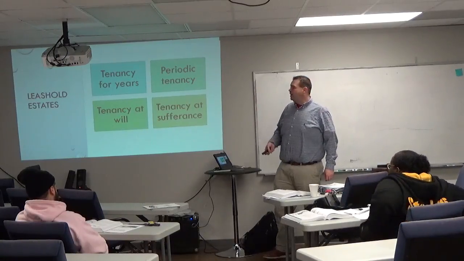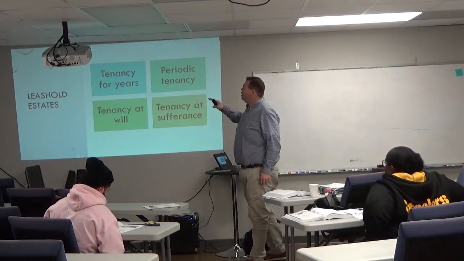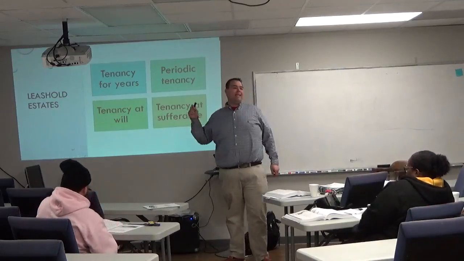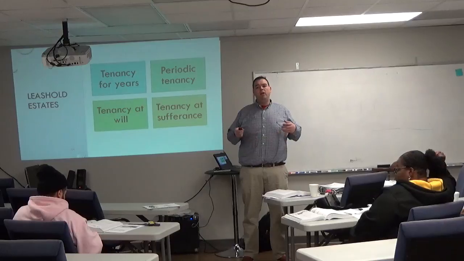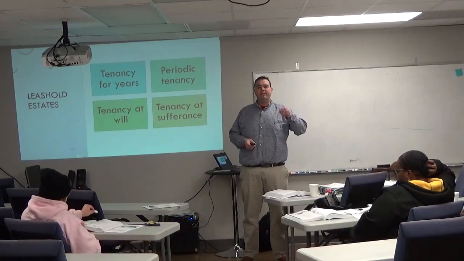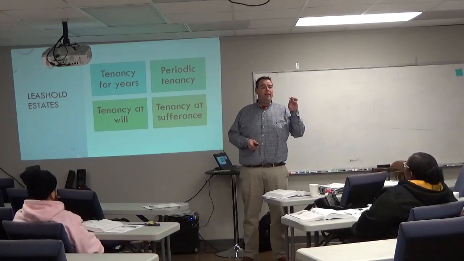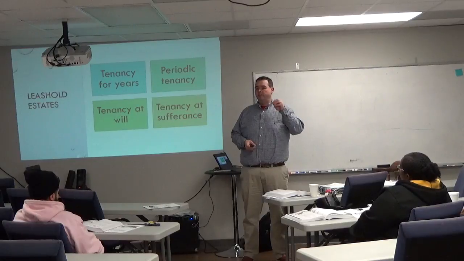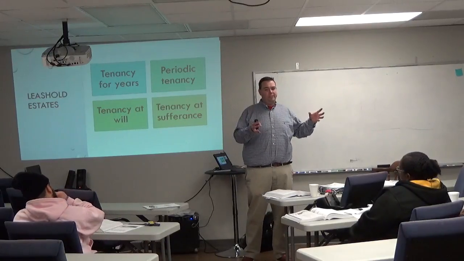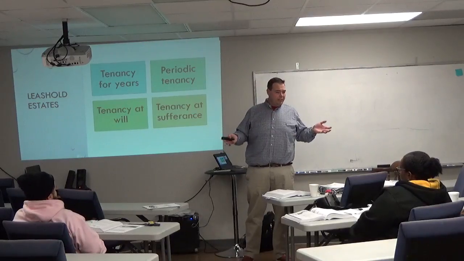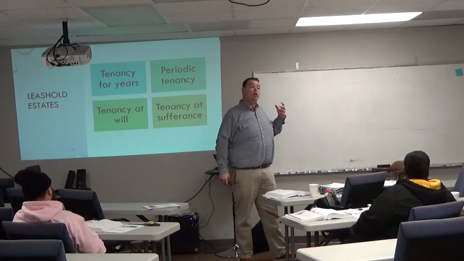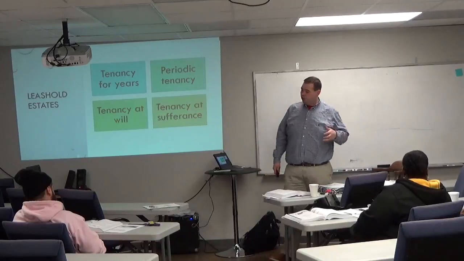And realistically, they relate to how they end more than anything else. The thing with leases is that because they're for a limited amount of time, it is when they end that signifies the type of lease it is. Does that make sense? Because it's limited by time, we really focus on the end of the lease more than anything else when we're talking about how leases are structured.